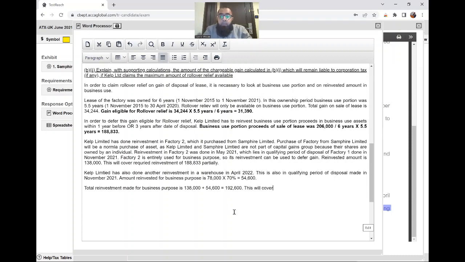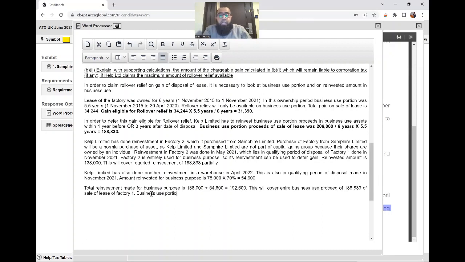This will cover the entire business use proceed of sale of lease of Factory 1. How much was the proceed? 188,833. This will cover the entire business use proceed of 188,833.